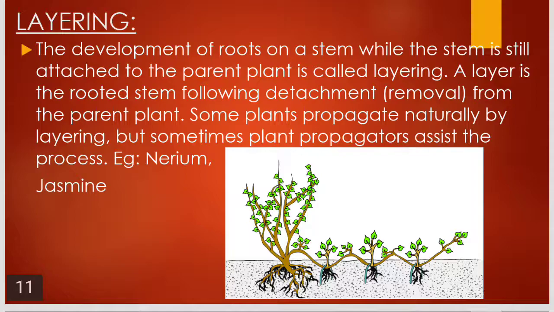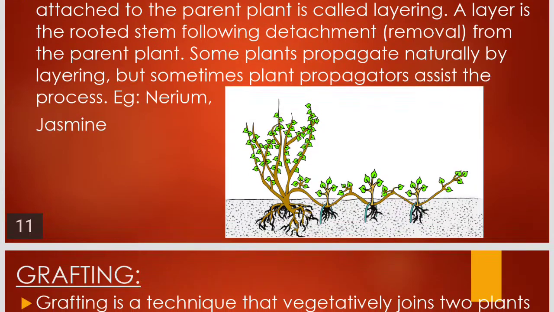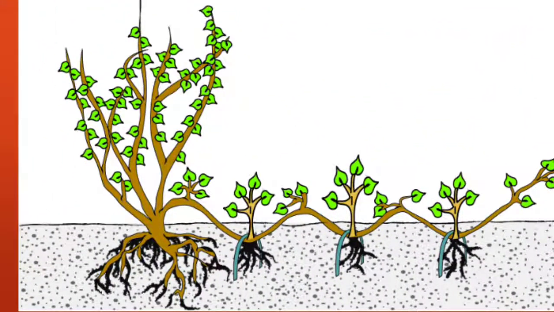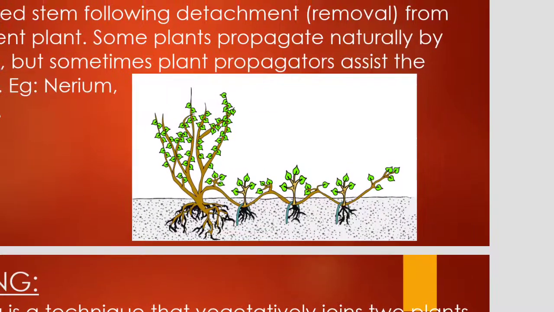Some plants propagate naturally by layering, but sometimes plant propagators assist the process. As you can see in this slide, how the adventitious roots are getting developed on the stem when it is still attached to the parent. So this is an example of layering.